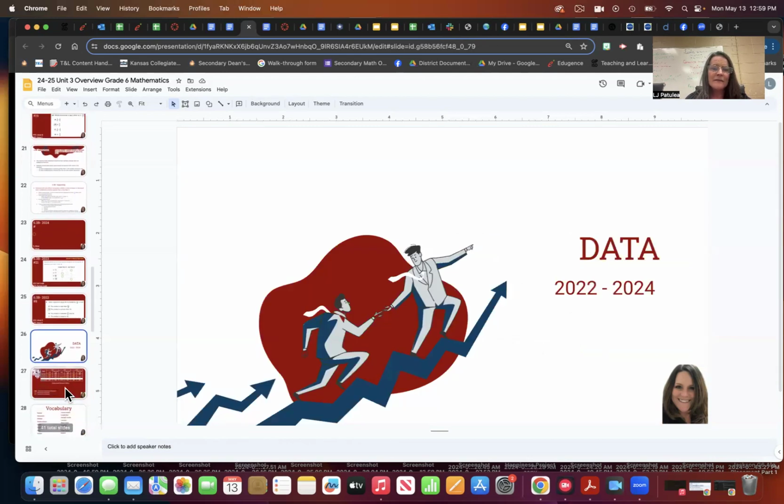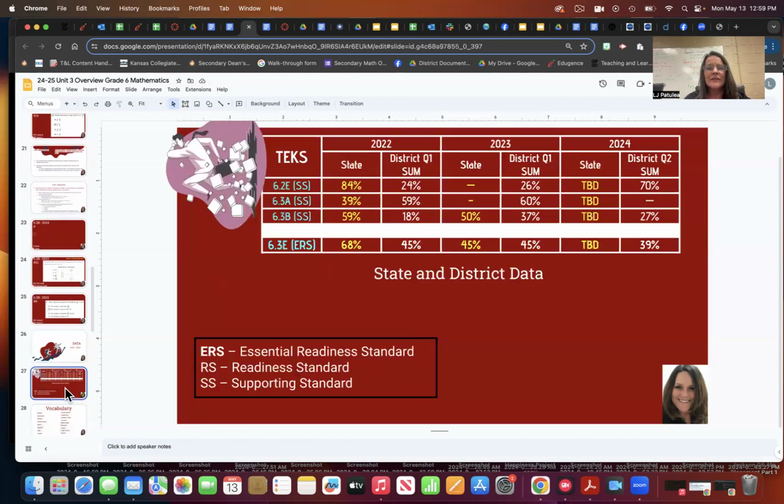We do have some data. If you look at the supporting standards plus the essential readiness standard, we have our state STAAR in 2022. 68% of students got these questions correct. Then in 2022 on our District Q1 sum, only 45% of students got these questions correct.